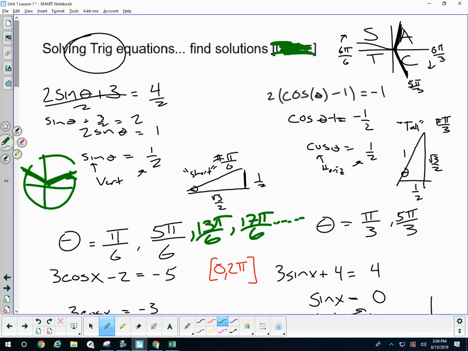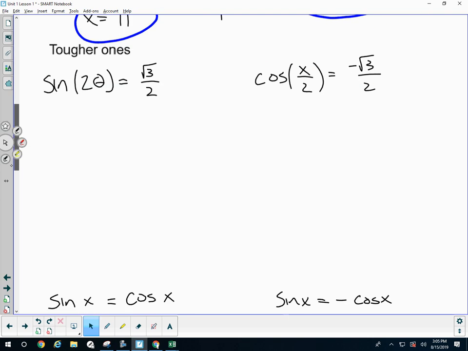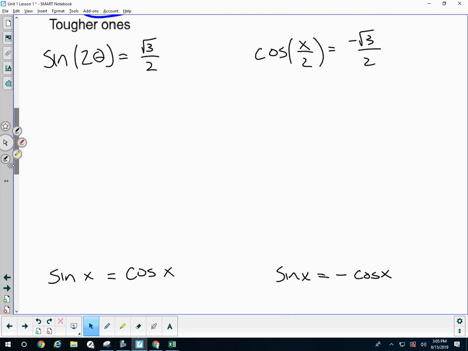As long as you're adding an integer multiple of 2 pi, you'll get all the solutions. We can also go negative. So this ends up being negative 7 pi over 6, and this is negative 11 pi over 6, okay? We didn't have to worry about that, though, because I told you 0 to 2 pi. Well, we will have to worry about that for these, which is why they're tougher.